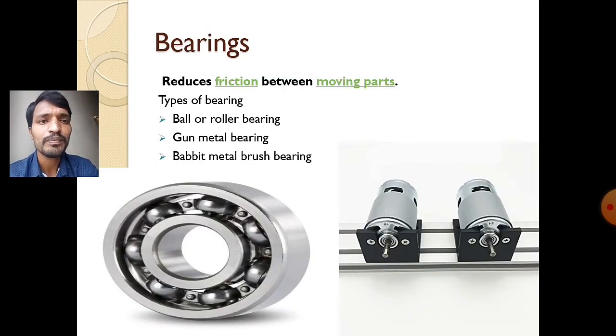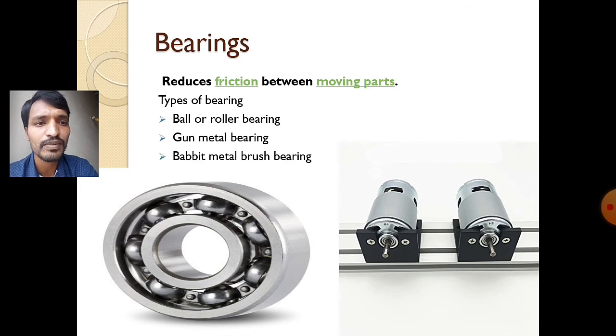Next, bearings. Generally we have seen bearings in our ceiling fans. These bearings are used to reduce the friction between rotating parts. Why are we using bearings? To reduce friction and to rotate smoothly. We have 3 types of bearings. One is the ball or roller bearing; you can see the picture.